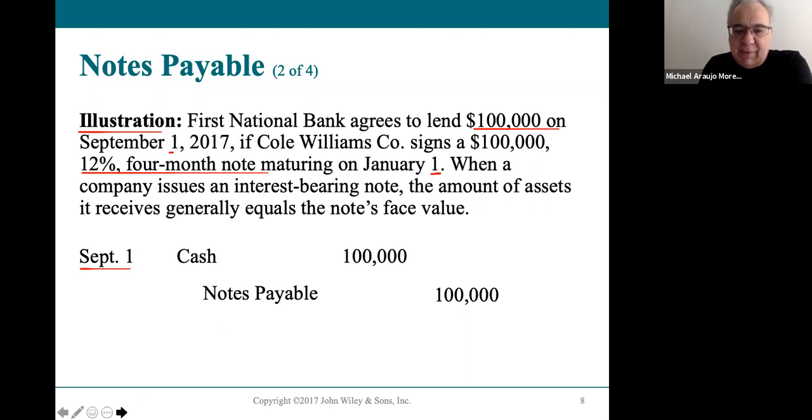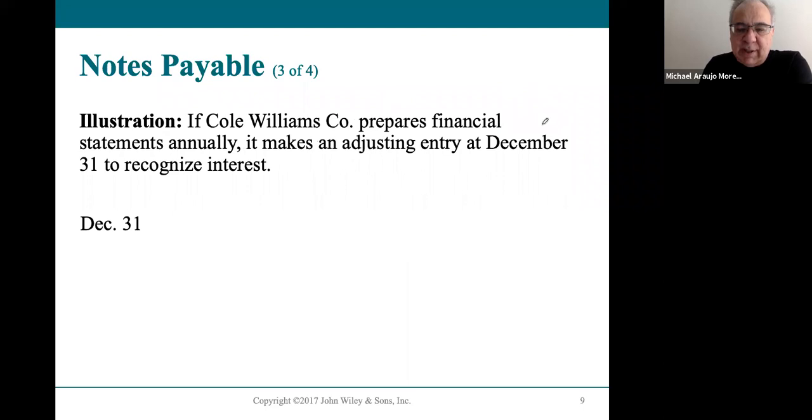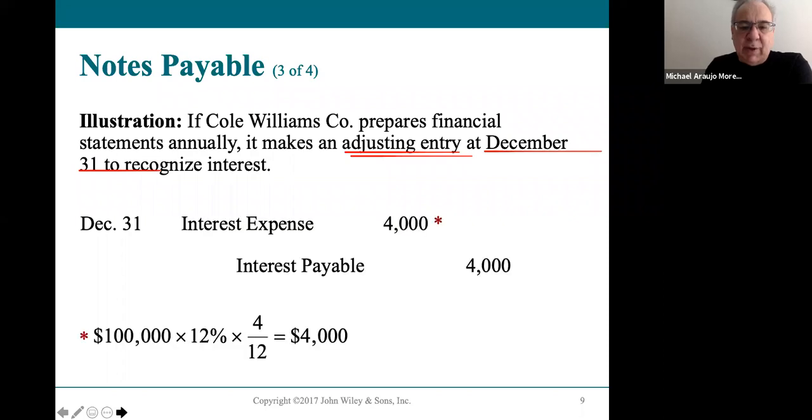If they close their books on December 31st, again, this particular note isn't due until January 1st, which would make it a new fiscal year, an accounting year. So they would have to prepare an adjusting entry for all of the interest that accrued on this note that they wouldn't pay until the next period. So in this case, they would want to take the interest expense for the current year.